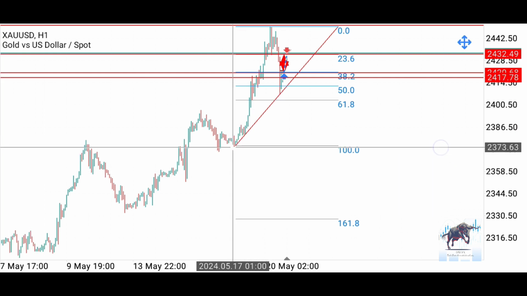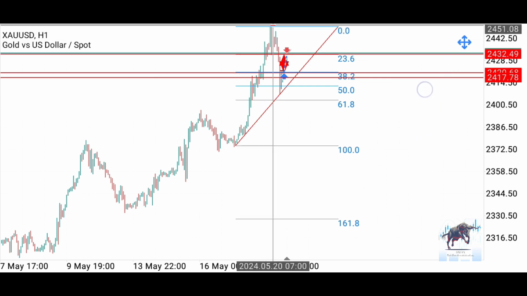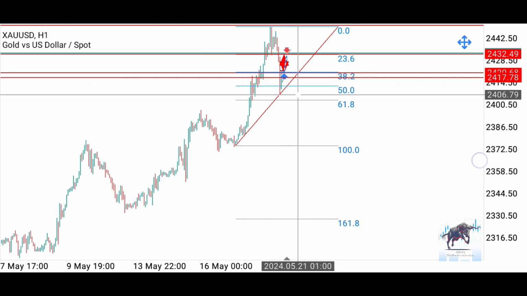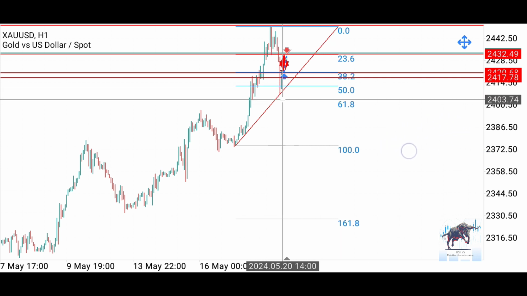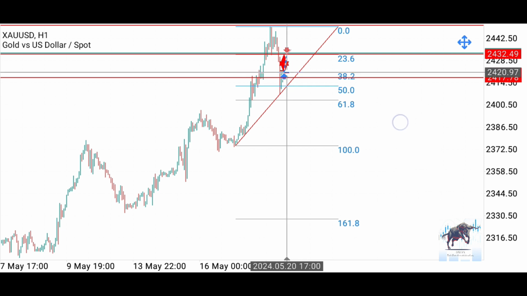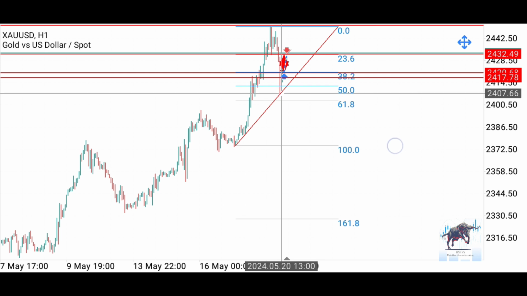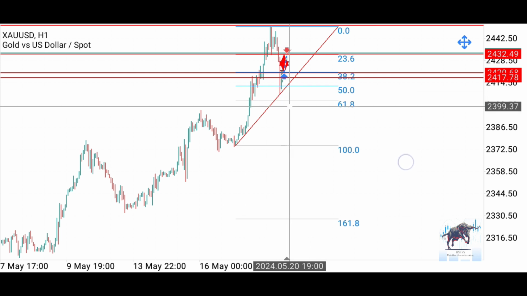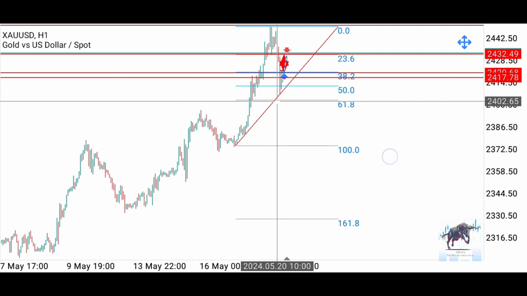Measuring from this low all the way up until this high, price came back to the 50%, which is basically the equilibrium. As soon as price comes back to your equilibrium, or maybe goes a bit deeper into a discount, that is where we start anticipating a market maker model.